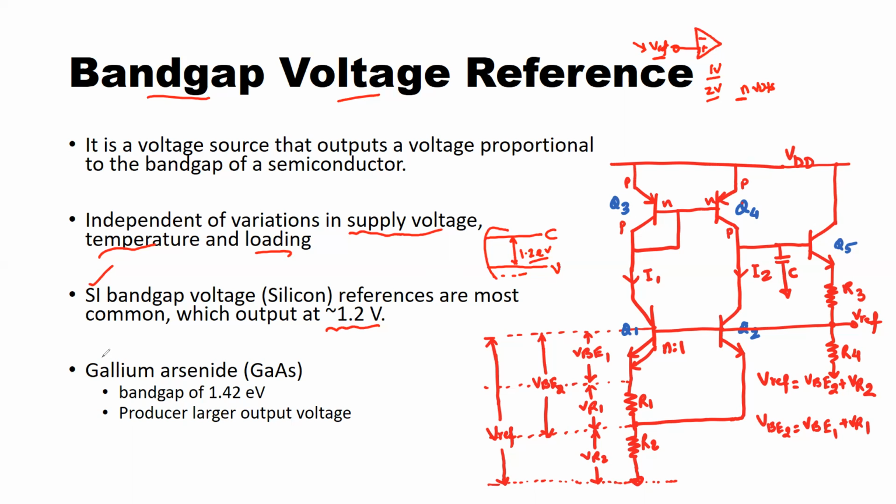For example, you can use gallium arsenide, GaAs, which has a bandgap of 1.42 electron volt, and therefore it will produce a larger output voltage, for example, a reference voltage of 1.42. That is how you can use the semiconductor material to produce different types of voltages.